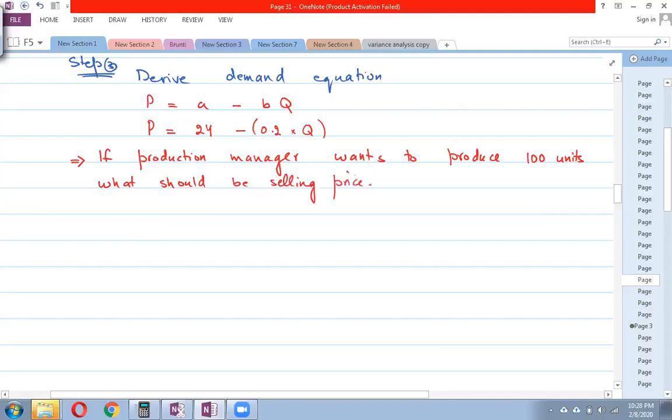Now, of course, if the production manager wants to produce 100 units, the sales manager has to sell 100 units, right? So what should be the selling price?